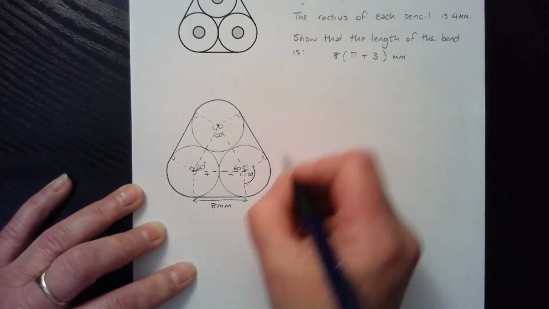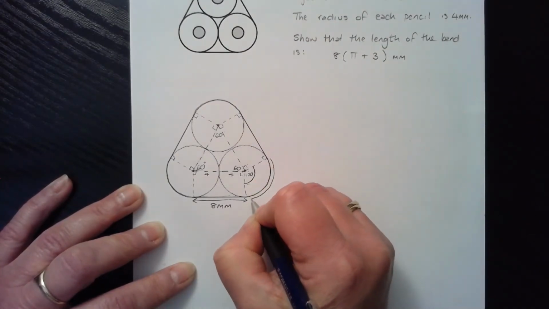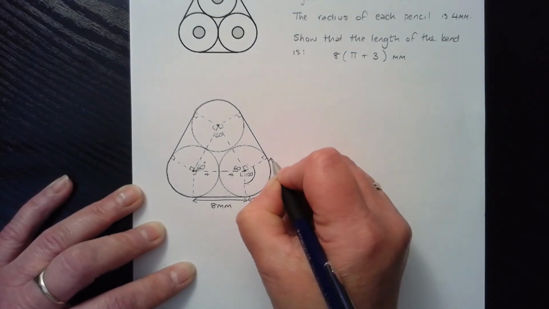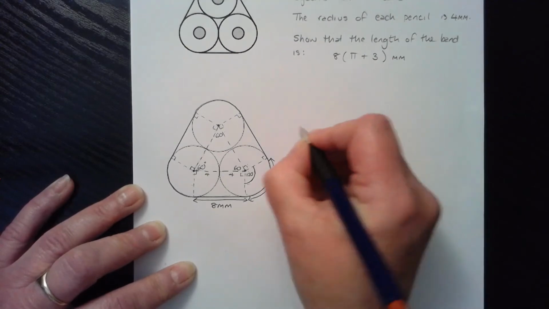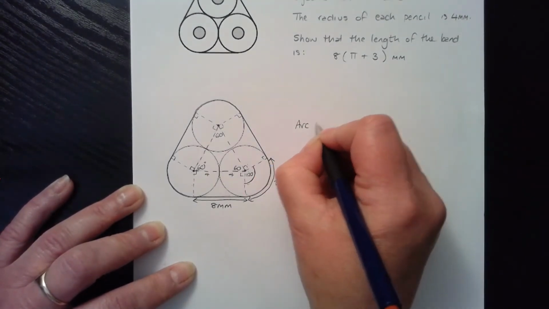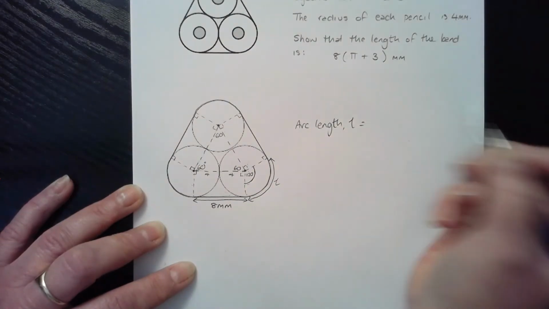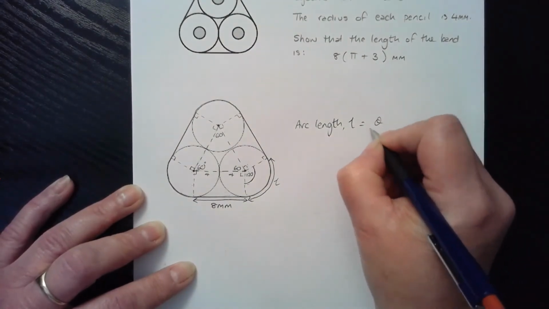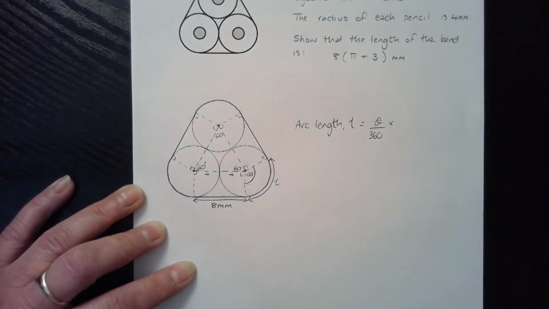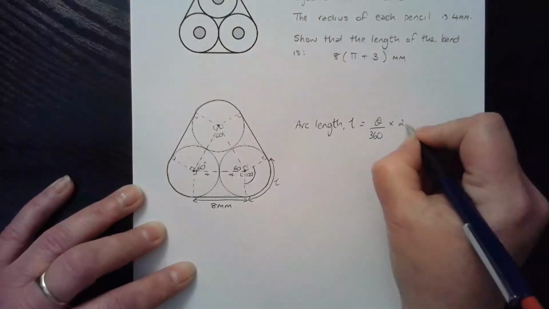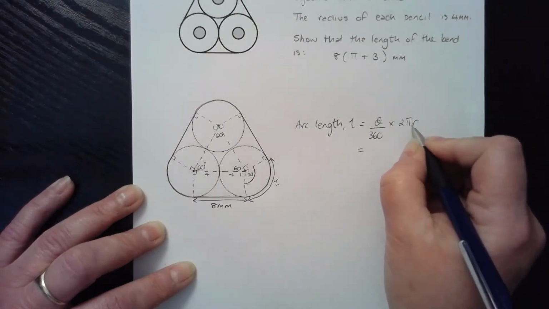So let's call this my arc length there. Let's call it L. So arc length L is going to be equal to, as my formula, theta over 360 multiplied by 2 pi r, where 2r is the diameter.